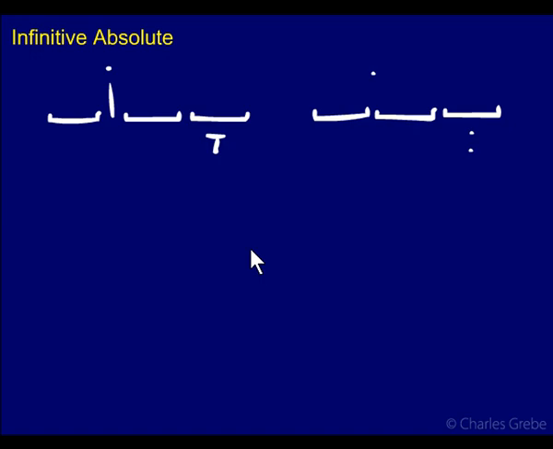Now let's compare this with the perfect. If you remember, well, pakad, right? Pakad is our paradigm verb. If we have pakad here, we have kamatz here, so that's the same as the infinitive absolute, and our theme vowel is patach. This is for the dynamic verbs, which is the largest group, and these are the ones we first introduced to you. This is your paradigm that you need to memorize.